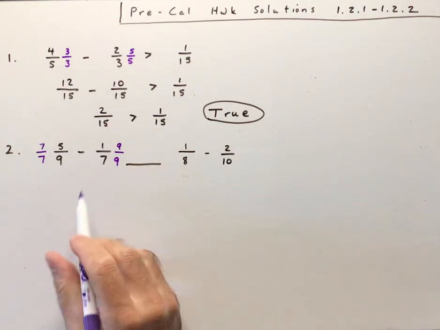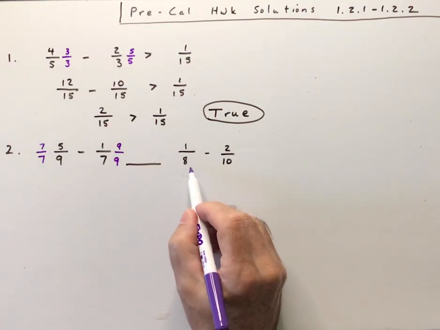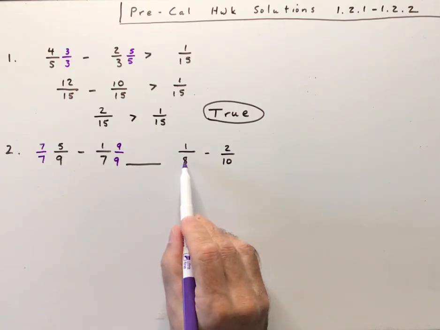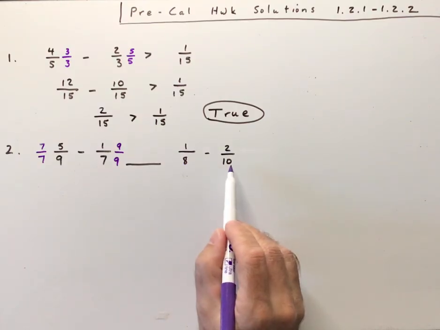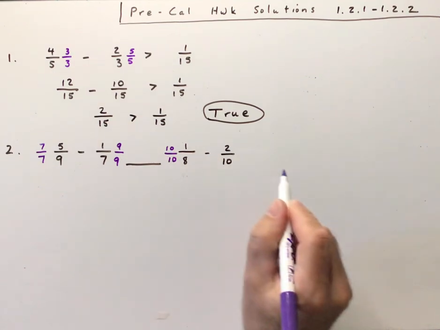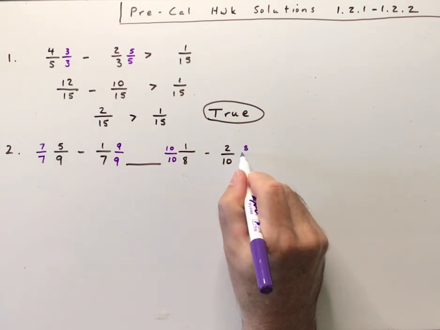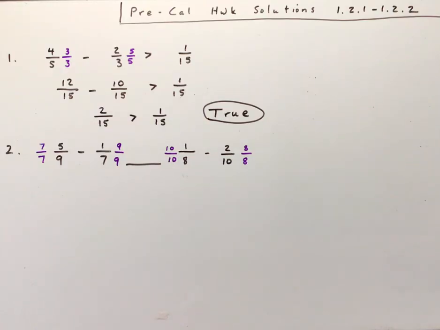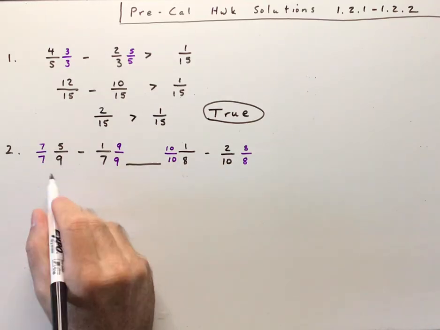And that's going to give us the common denominator. On this side, I'm just going to multiply 8 by 10. That's 80. So I could multiply the left by 10/10 and the right by 8/8. Now, there's another way to do this with cross multiplication that you might find faster, and I'll show you that in just a minute.